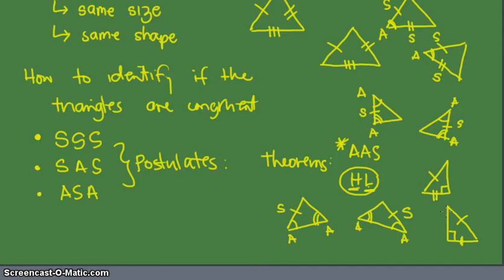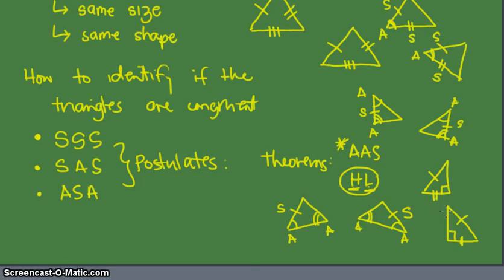The longer way is, of course, you have to measure each side, and then if all the sides of the first triangle are the same with the sides of the second triangle, then you can say the two triangles are congruent. But in most cases, you will be given information such as you know two sides, you know an angle, you know two angles, and you know a side.